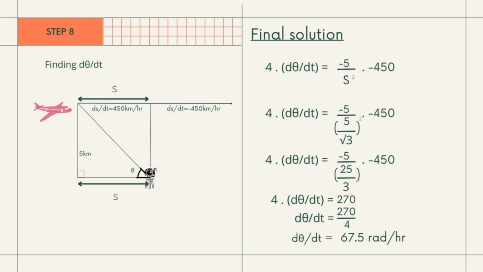So it's going to be 4 times d theta over dt equals negative 5 over 25 over 3 times negative 450. That is going to be 270. Next, we move 4 to the right, so d theta over dt equals 270 over 4. So our final answer is d theta over dt equals 67.5 rad per hour.